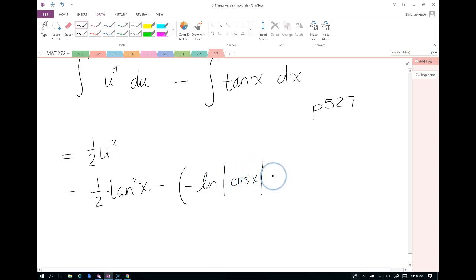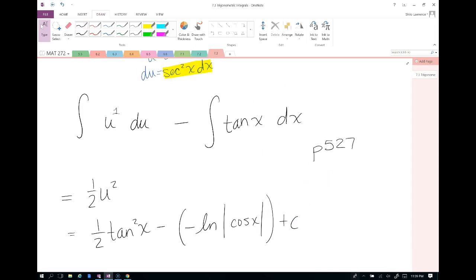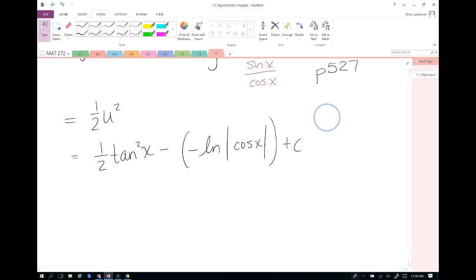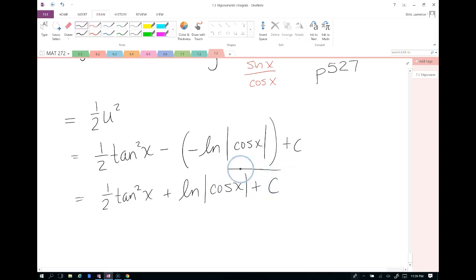That one's actually pretty easy to do by hand because you could always write tangent as sine over cosine and do a u substitution. We've got minus and negative, so just to clean up my answer here, I'm going to go ahead and change it to addition. So I've got 1/2 tan squared x plus the natural log of the absolute value of cosine x plus c.